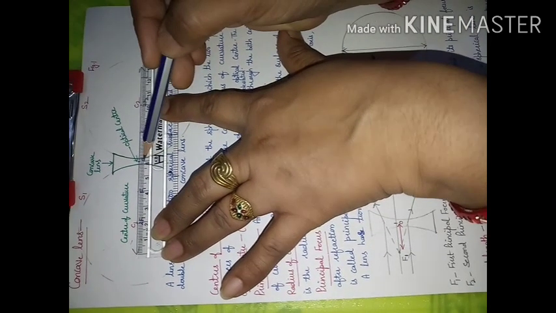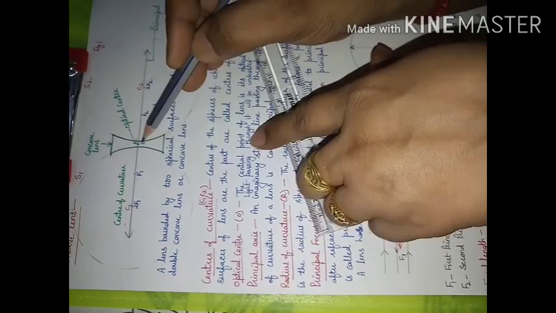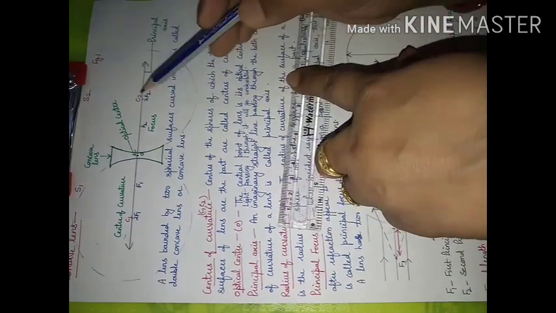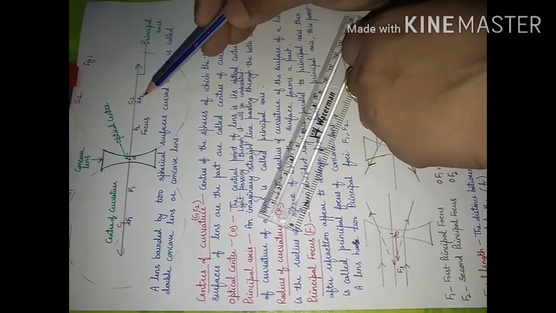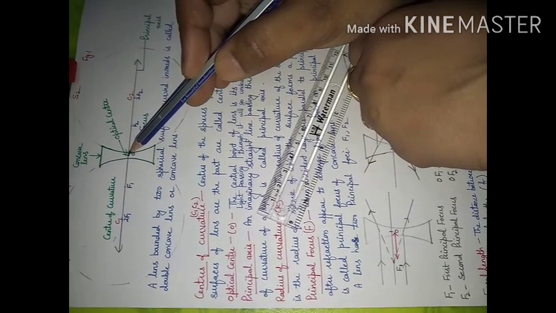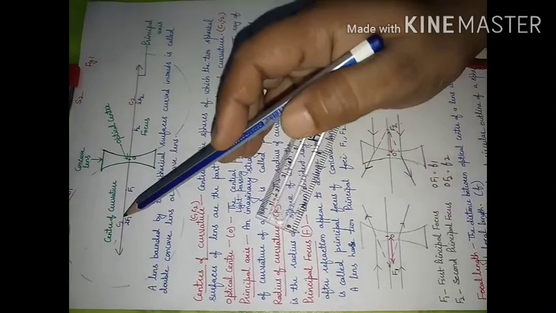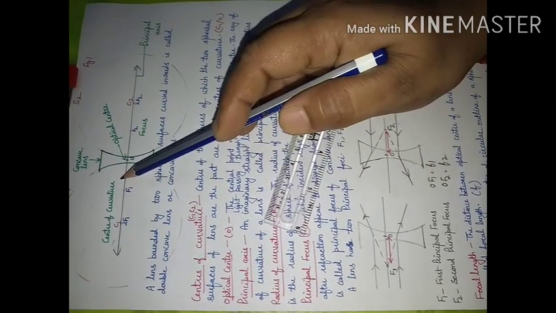Then the point at 6 is the central point. The point that I have marked as C2 or 2F2 will be 4 centimeters away from this point. Similarly, this C1 is also 4 centimeters away.